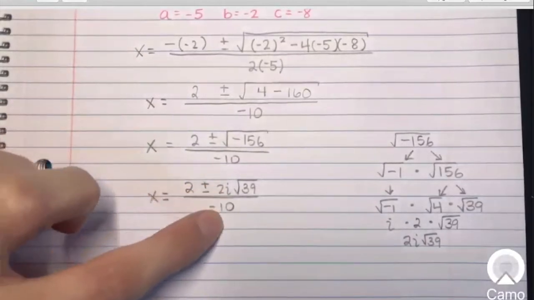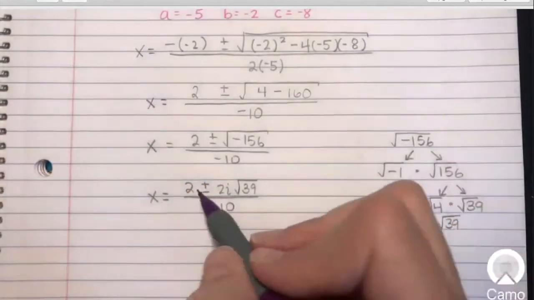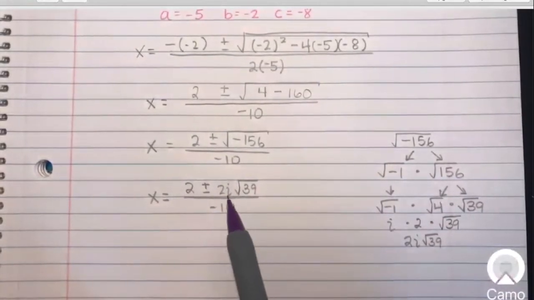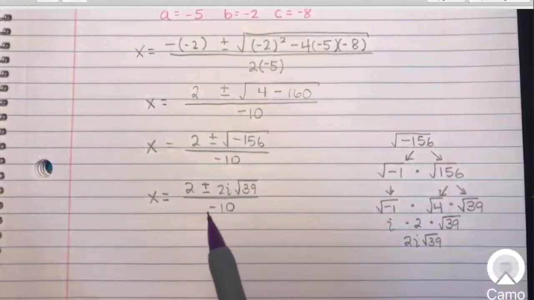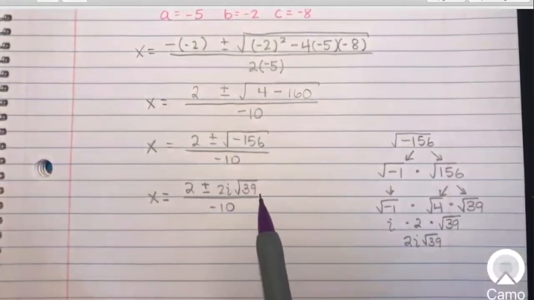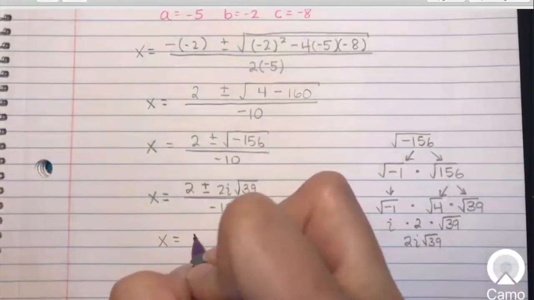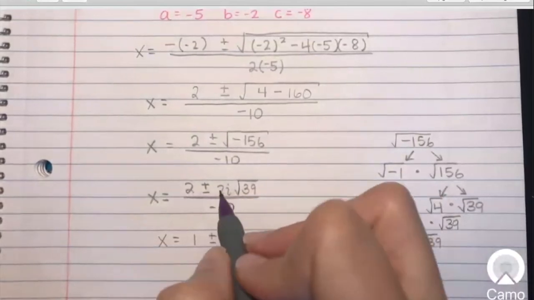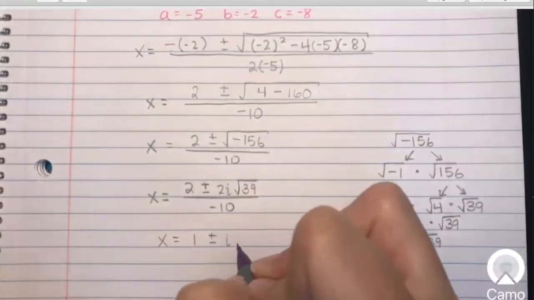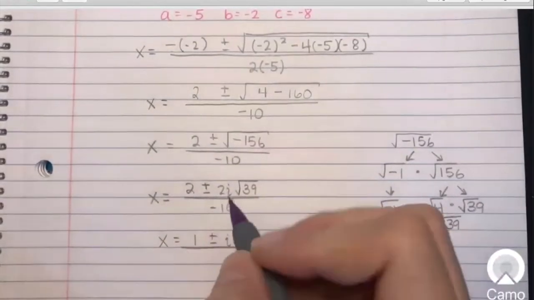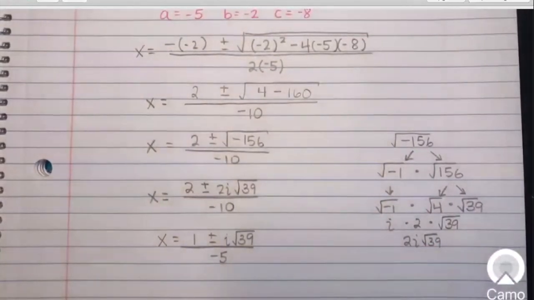So we have 3 things with an even factor. So we can go ahead and divide by 2 to this term and to this term and to my denominator. So remember, if I am dividing, I have to take it out of every term if I'm going to take it out of my denominator. So 2 divided by 2 is 1, plus or minus. So we took out the 2 here, so it's i root 39. And then I also divided the denominator by 2.